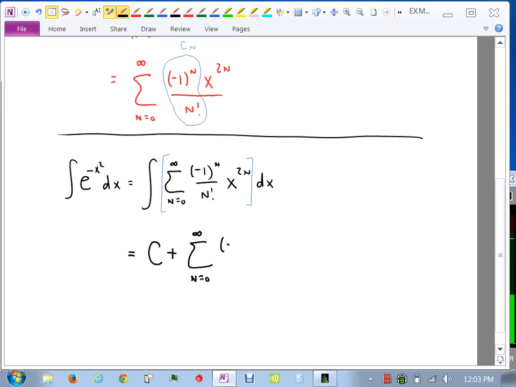Stays the same: negative 1 to the n over n factorial. And then the antiderivative of x to a power is 1 over 1 plus that power, x to that power plus 1. So it should look like 1 over 2n plus 1, x to the 2n plus 1. That's it.